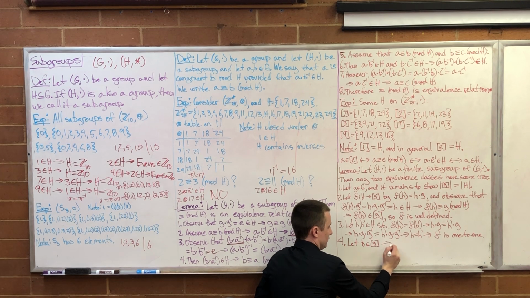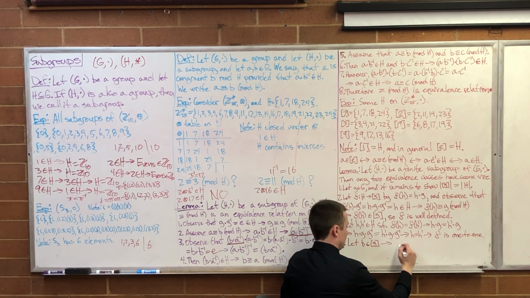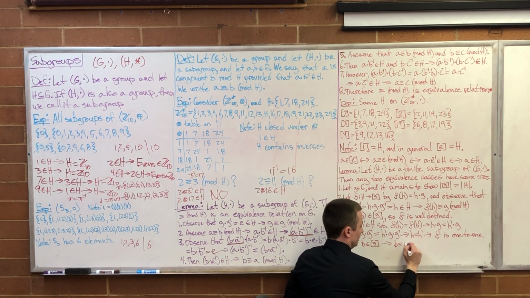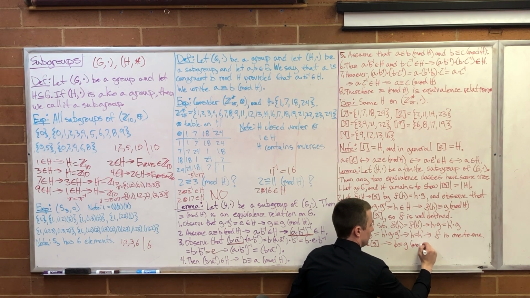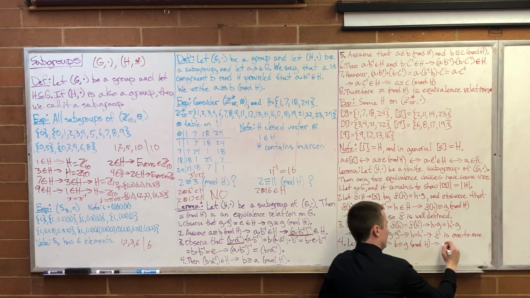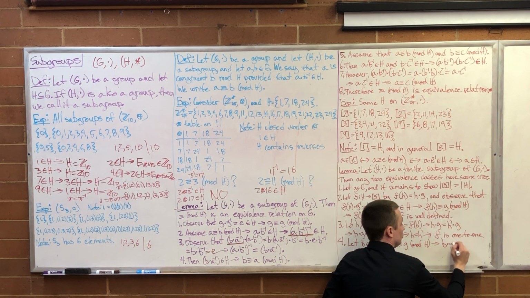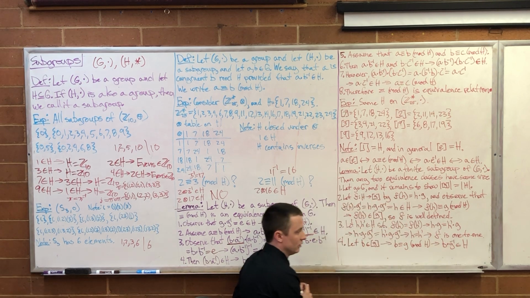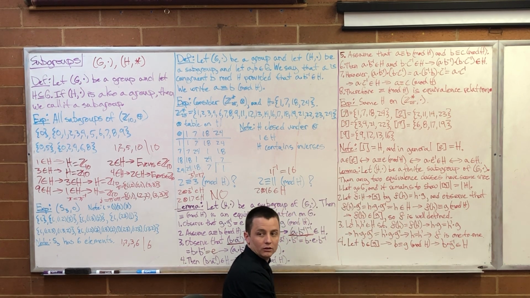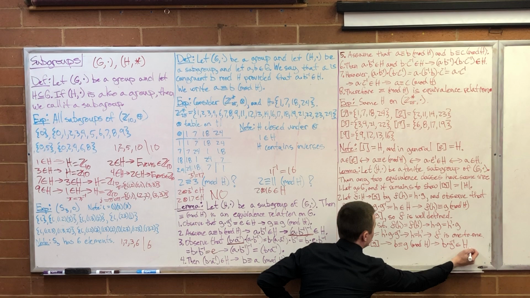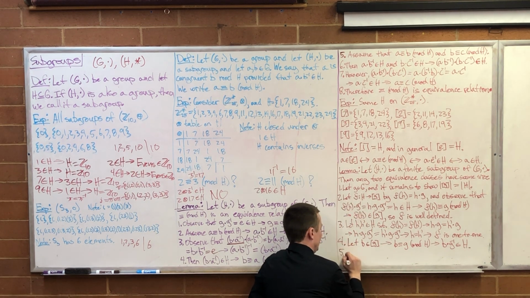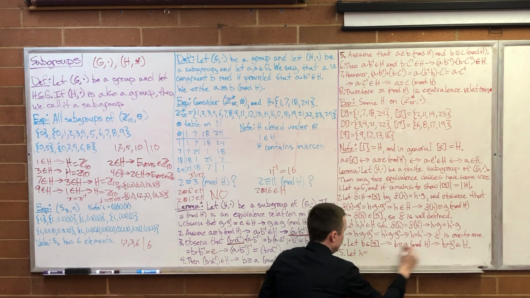What does that give us? That gives us that b is congruent to g mod h. That gives us that b dot g inverse is in h. Let h equal b dot g inverse.